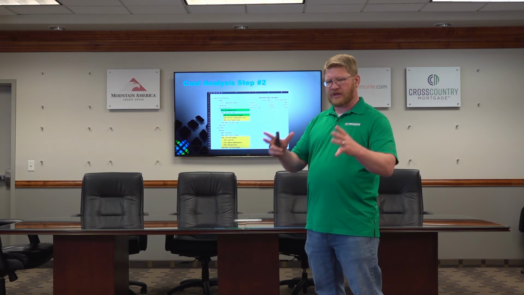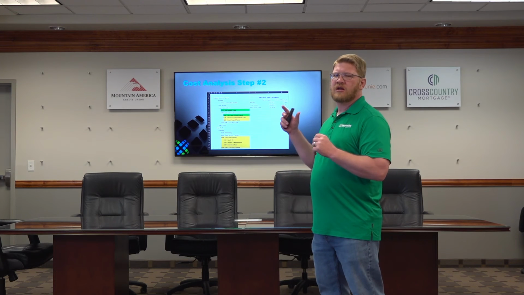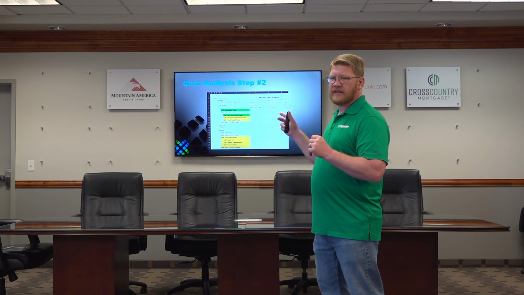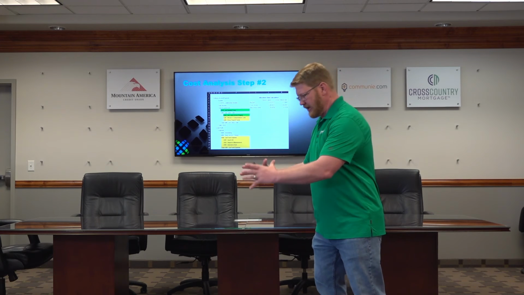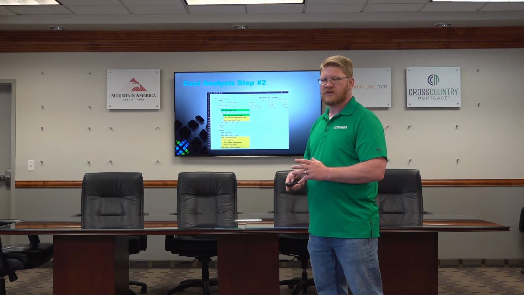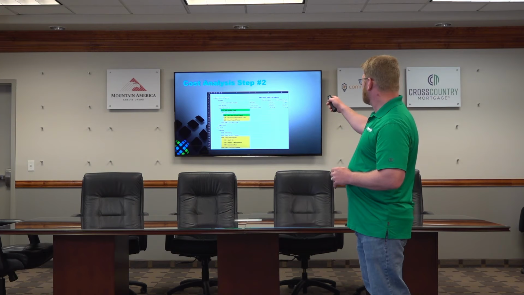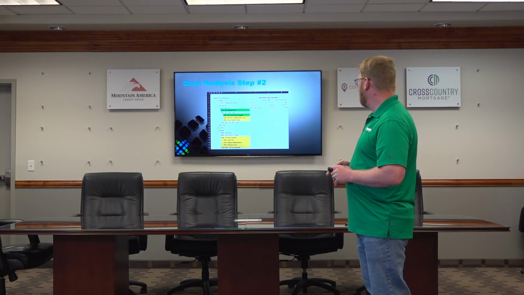We have a bucket of all of our overhead that we're going to relate to our direct labor, and we have our bucket of all of our overhead that we're going to relate to direct materials. We're going to add up those totals in the bucket, and you can see here we have a bucket total for direct labor and a total for direct materials.